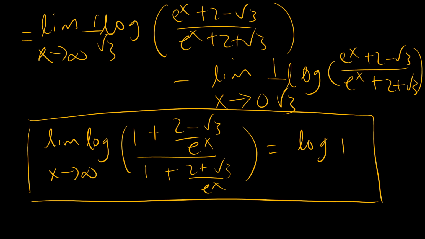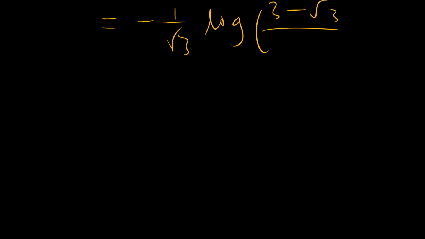So when that tends to 0, what we see is that this tends to 1, this tends to 1, so we have 3 minus root 3, and essentially we just have negative 1 over root 3 log of 3 minus root 3 over 3 plus root 3.